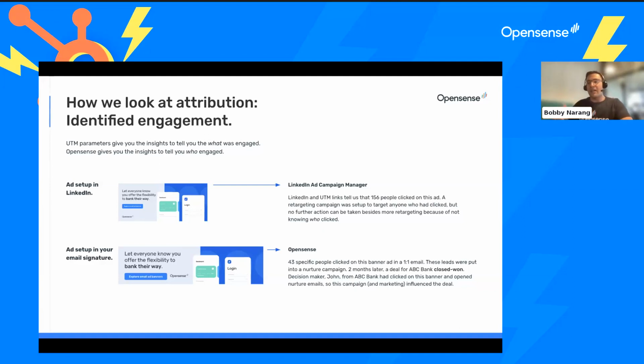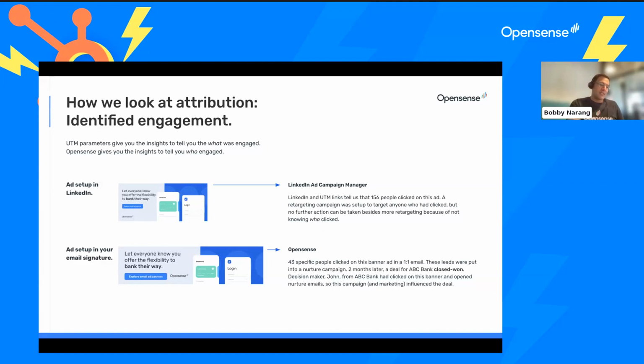And maybe LinkedIn can enhance some of that data with a domain or a company. The best that you can do though is utilize that data to further retarget. Okay, we know that SAP clicked on a banner and came to our website. Cool. Well, maybe we'll nurture that whole account with a follow-up campaign or whatever the case might be. That's an example of unidentified engagement. At best, we understand perhaps what the company is that's engaging.